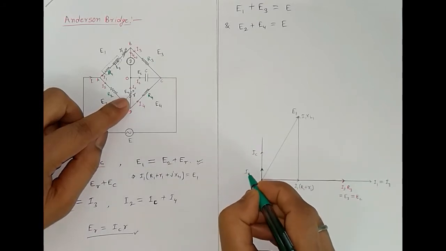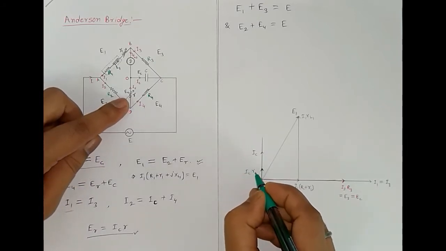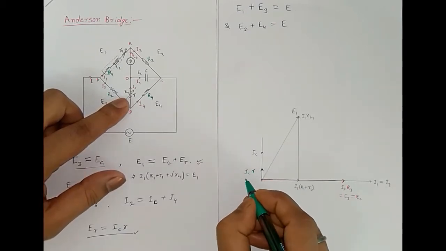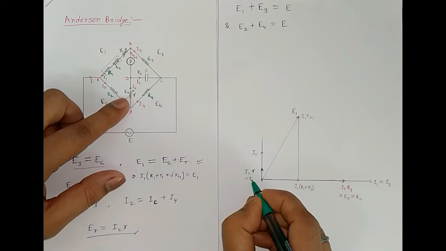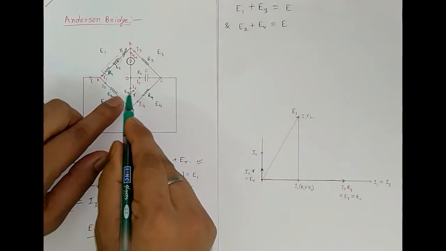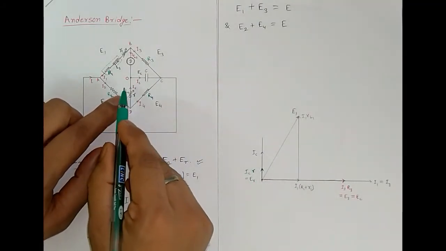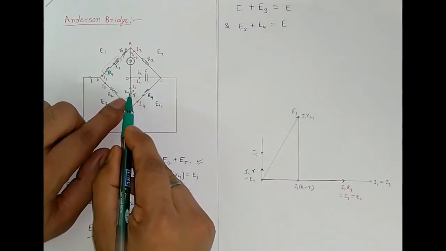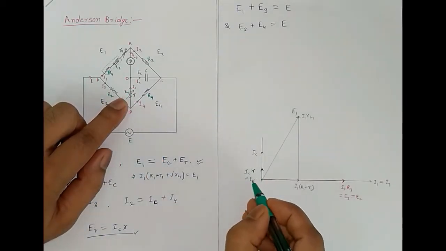This is IC into small r, which is equal to ER, this voltage drop, because the ER will be in the same direction as the direction of IC. That means this is ER.